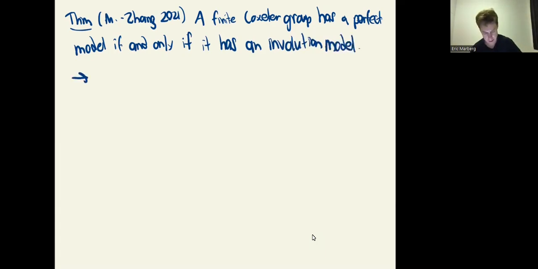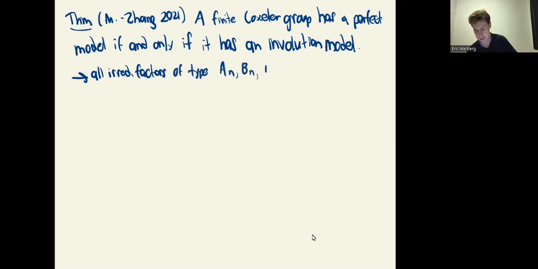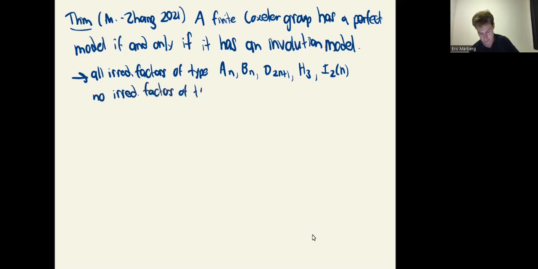So that means all irreducible factors must be of type A_n, B_n, D_{2n+1}, H_3, or I_2(n). Or equivalently, no irreducible factors of type D_{2n}, E_n, F_4, or H_4.